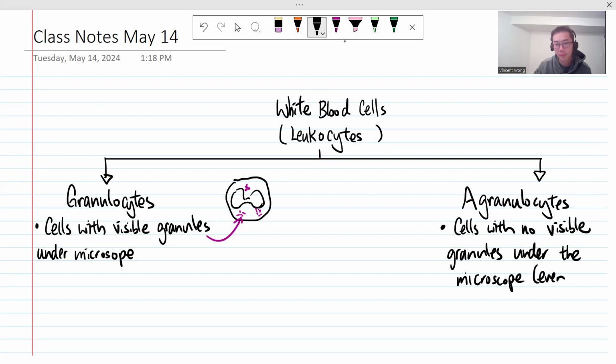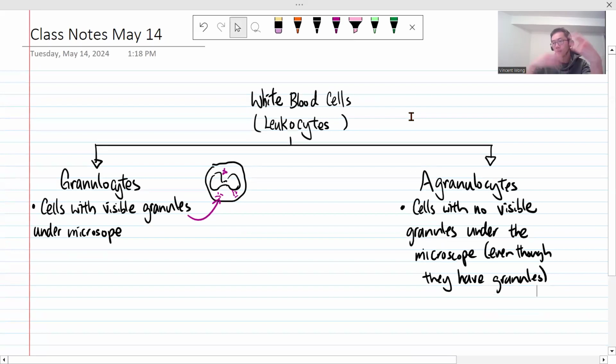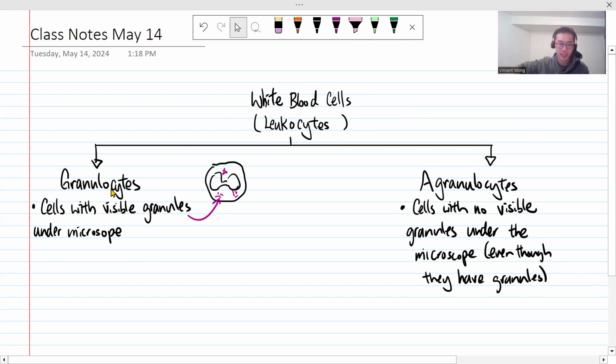Even though they have them. Okay, so both have granules. Granules contain proteins and chemicals and stuff like that. It's almost like a lysosome, if you would. So they have it, but you just can't see them. For some reason they don't take up the dye as well as the granulocytes.